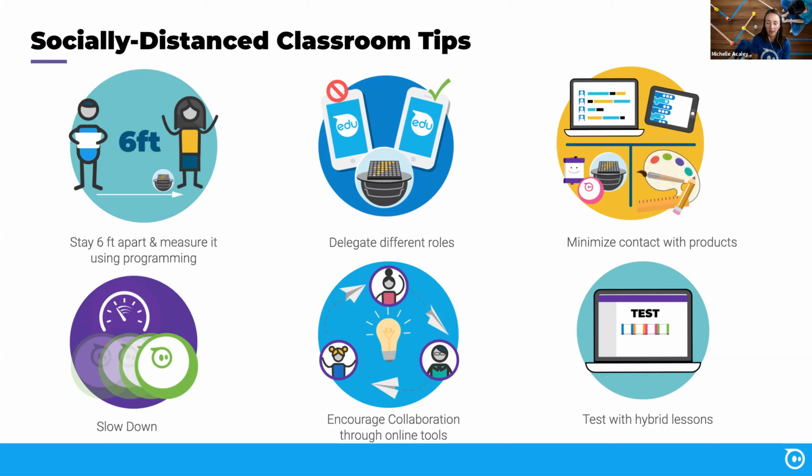We encourage you to minimize contact with products, so keep them in the same space, not where students have to cross over each other a lot, but keep everything in one specific area, either a certain corner or the center of the classroom, so that they don't have to pass as many students. The fourth thing is slow down. If you've ever used a Sphero robot in a classroom with a 4th grade student, the most fun thing to do is turn up the speed as fast as possible.